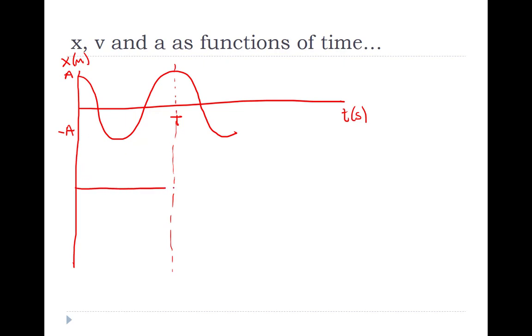I can now make a graph that corresponds to this motion for the velocity in meters per second. As we saw in the simulation, the velocity starts at 0 at an endpoint and is going to be opposite in direction to the displacement, so it is a negative sine function.